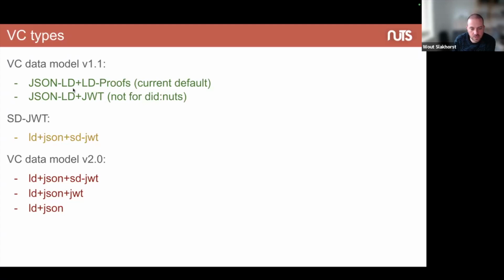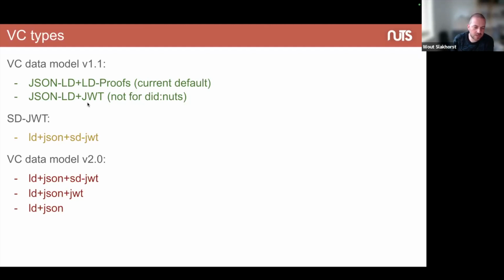There's the JSON linked data with linked data proofs, which is the current default we're using, but we currently also support the JSON linked data JSON web token proof. By the way, these strings I use here are not officially defined anywhere, which is also a shortcoming. So the media types for these credentials are a bit, well, dodgy. They're not really defined anywhere.